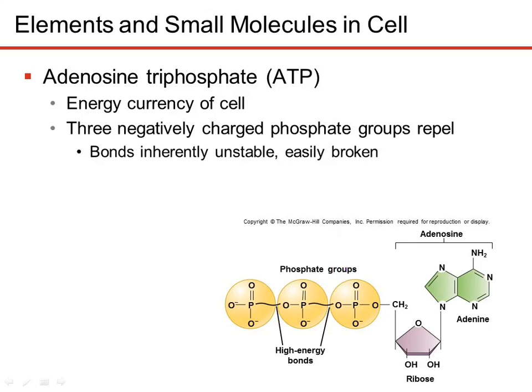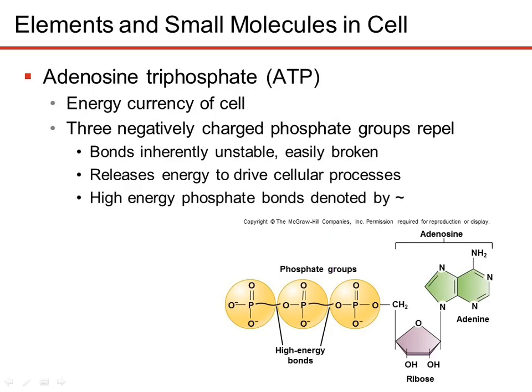Those phosphates have a negative charge, and so they tend to repel other things. You can see the oxygen surrounding the phosphates. That gives them a negative charge. Bonds are inherently unstable, easily broken. And when they're broken, they release a lot of energy, whether or not you have enzymes that can grab that energy. And the little tilde there indicates that you have high energy.